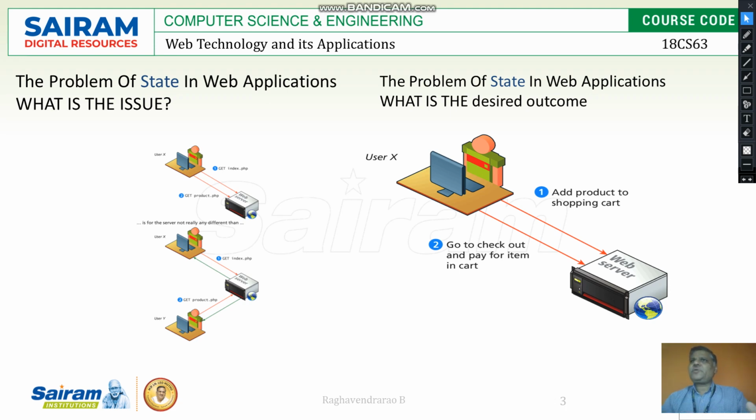So how is this problem solved? What is the outcome? Now you can check over here. First, add the product to the shopping cart, then go and pay. Problem is solved.